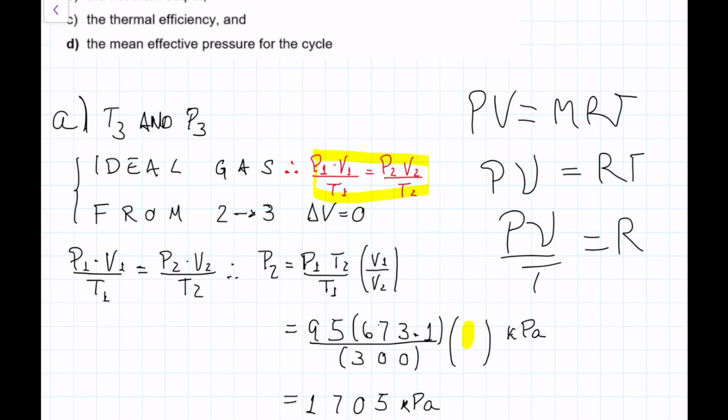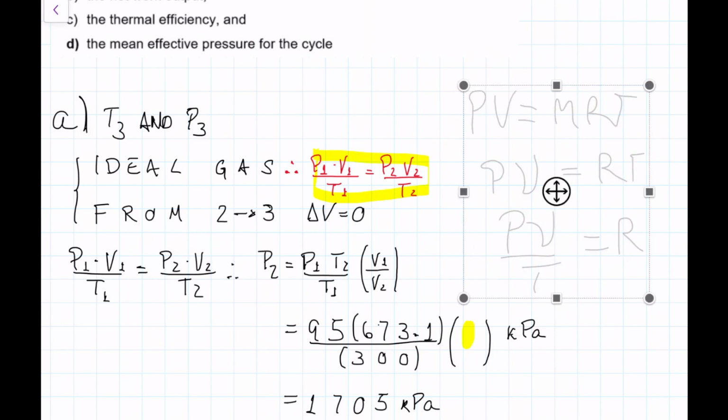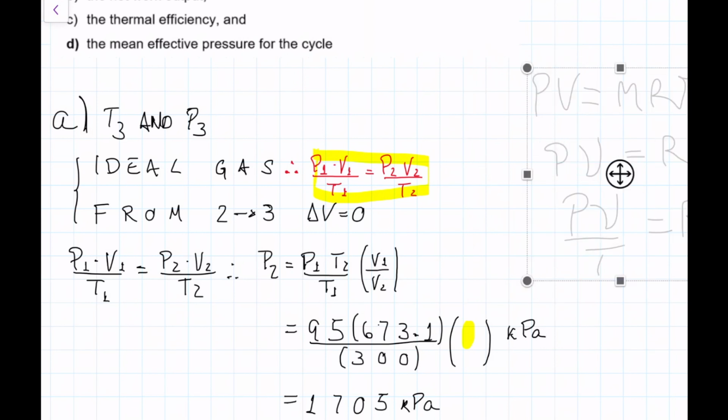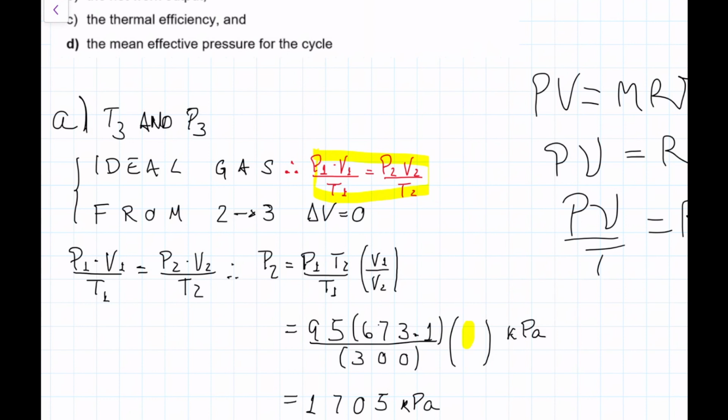So regardless of what we do, it's always going to be a constant, and therefore no matter which state we're in, it's always going to hold, right? Now, the other thing we know is that from 2 to 3, there's no change in volume. So we're going to use those two things to solve this.